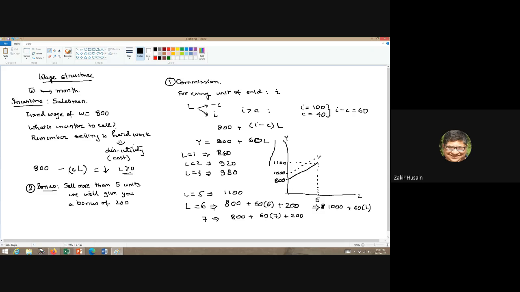So here there's a jump. This will be 200, right? What is the slope over here?